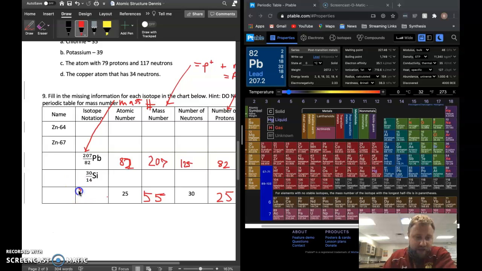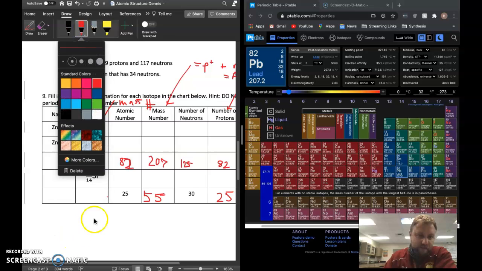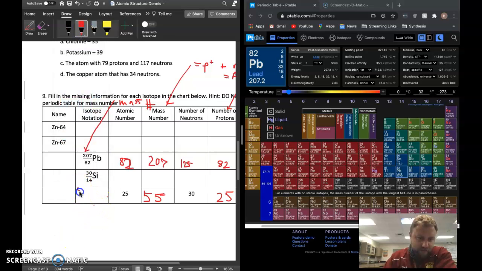We have 55 on top. On bottom, we have our atomic number, 25.